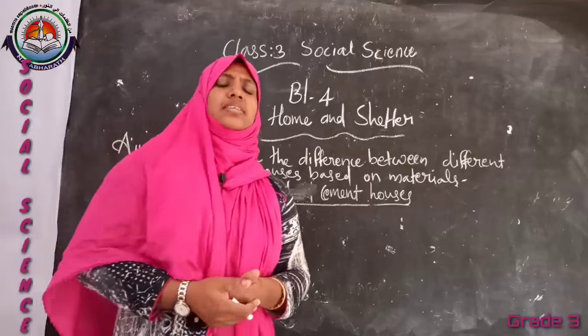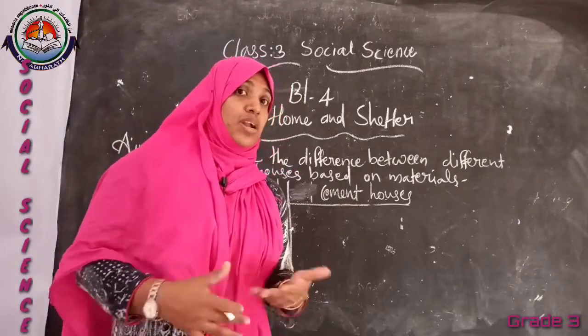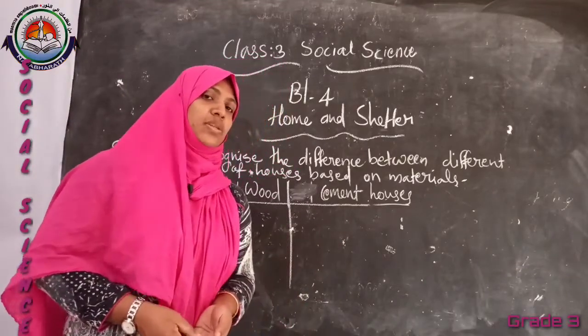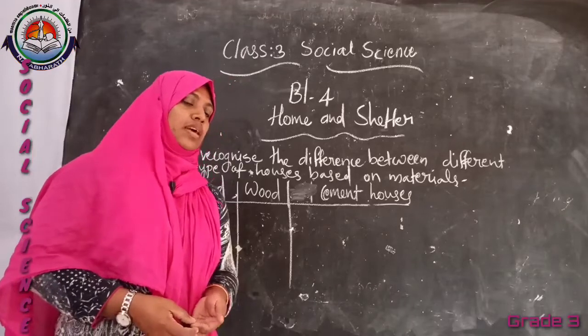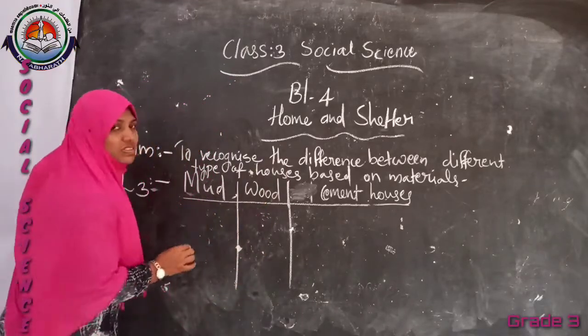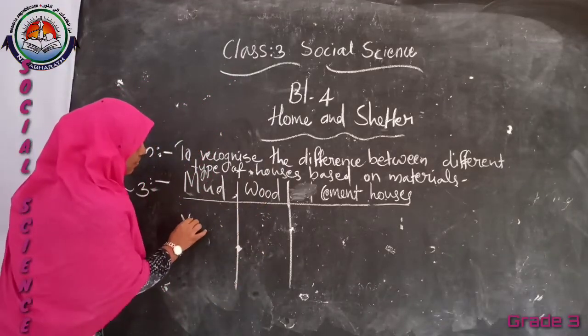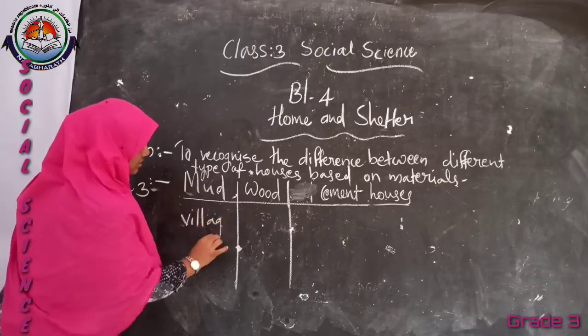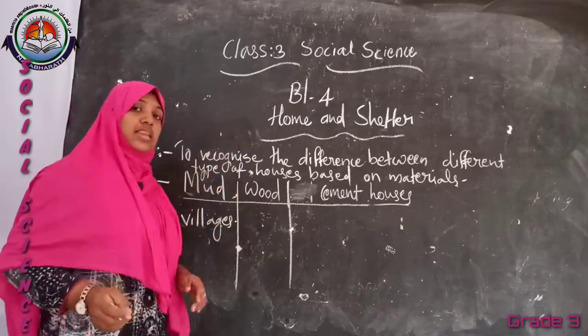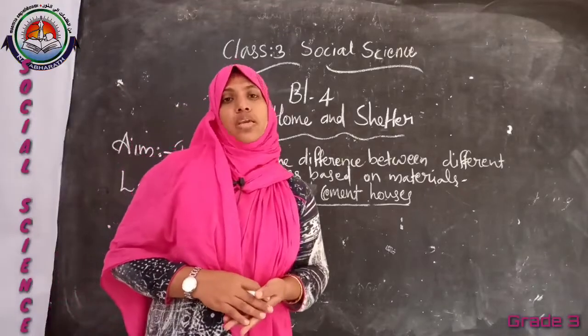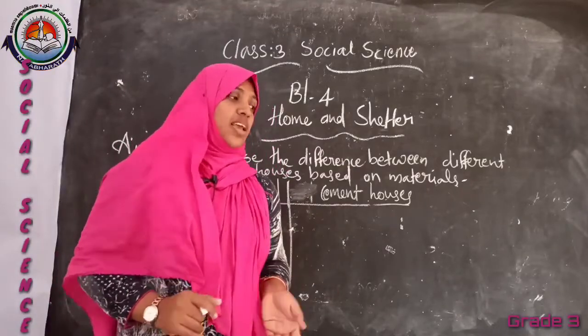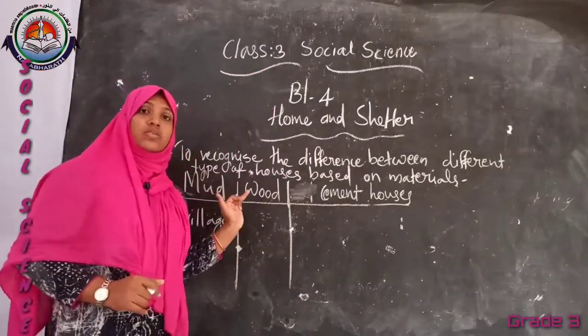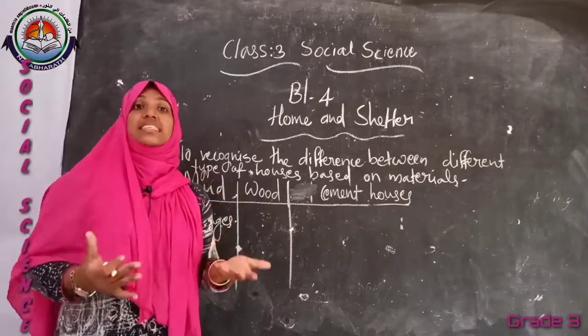Where do we find this kind of houses? Mud houses. Can you say? Yes, mud houses are mainly found in villages. In India, this kind of mud houses are mainly found in desert.